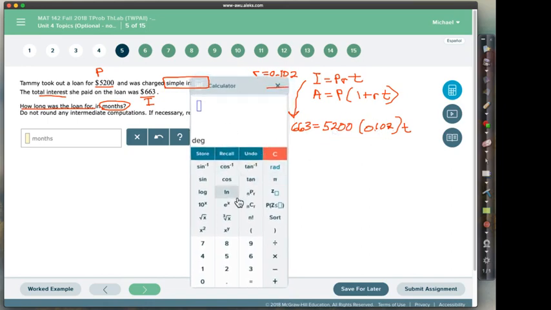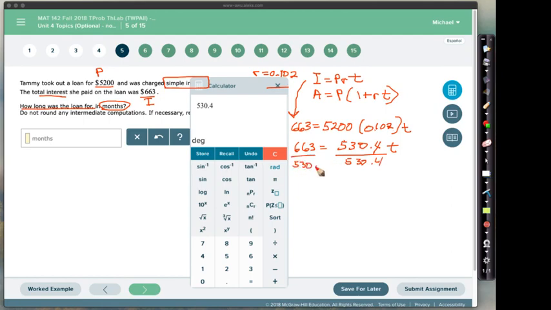Okay, so 5,200 times 0.102 gives us 530.4. So 663 equals 530.4 times T. Then with the algebra we divide both sides by the 530.4, and that will give us our value for T, because this side cancels out.